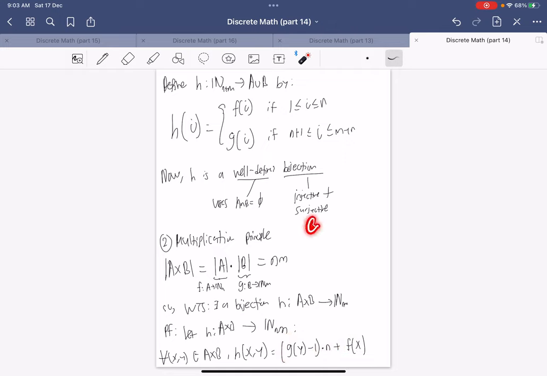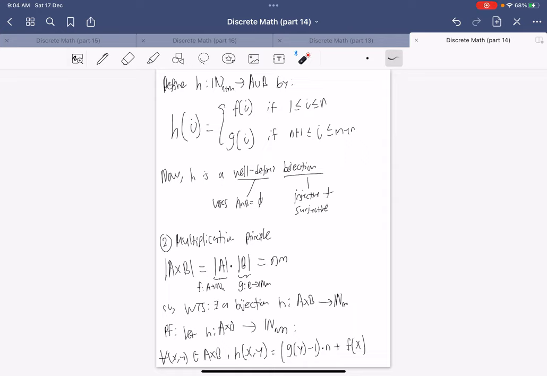The reason for this is g(y) times n ranges from n to mn. Now you minus away n from both sides. And so you need to add back the n part, which is f(x).